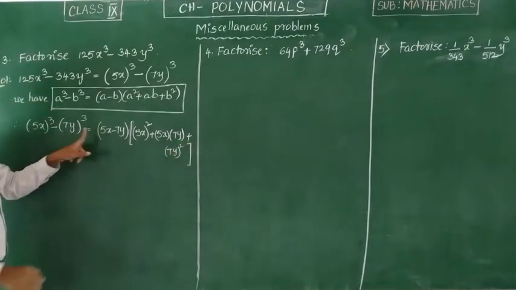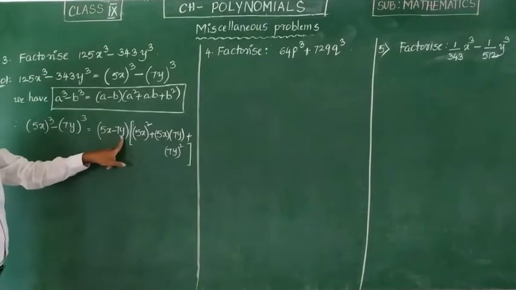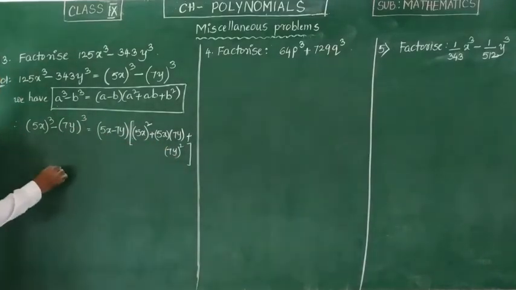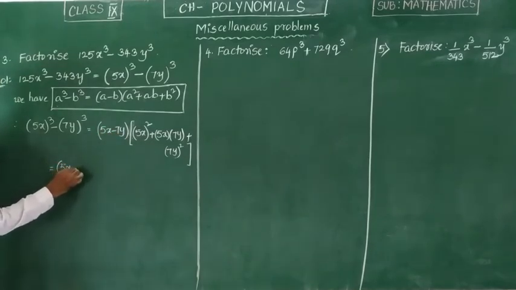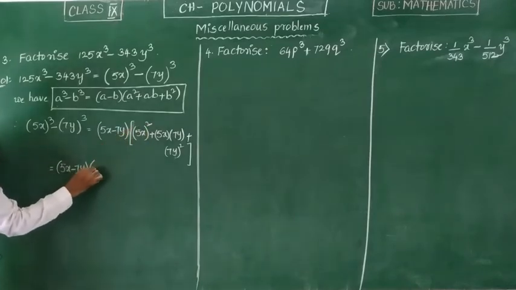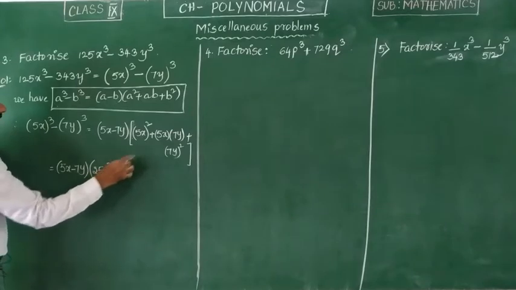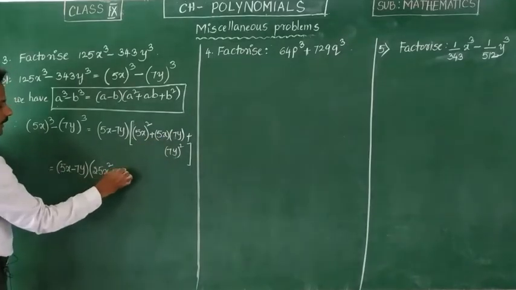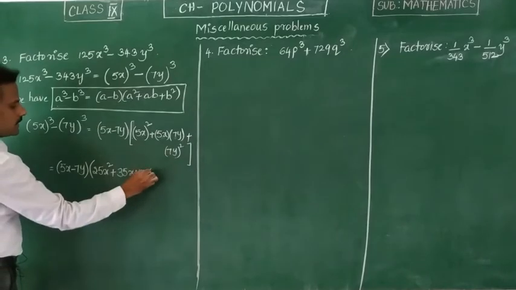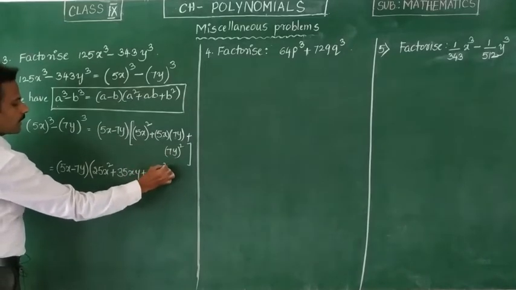We have written it in the form of a minus b into a square plus ab plus b square. Let us simplify this: 5x minus 7y multiplied by 25x square plus 5 times 7, that is 35xy, plus 7y square, that is 49y square.